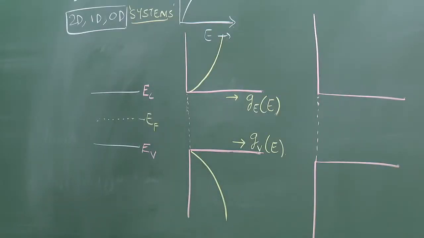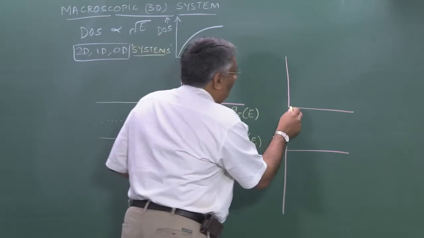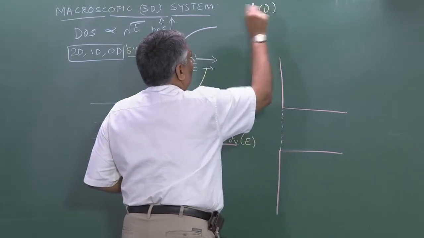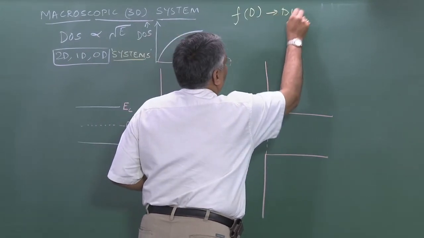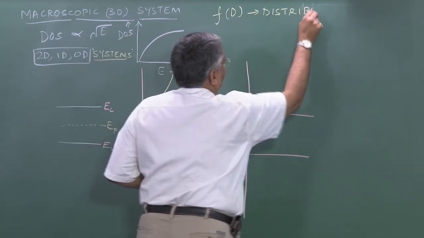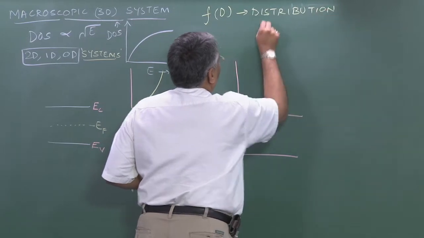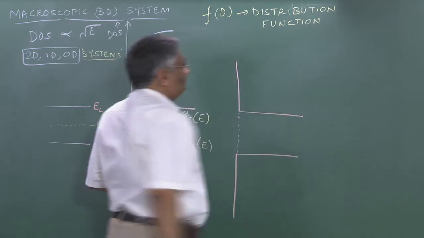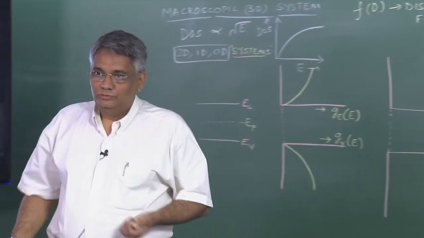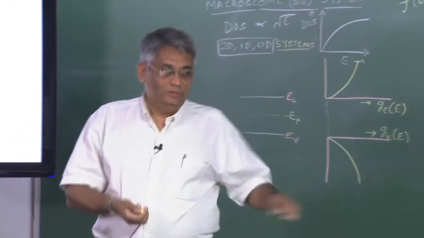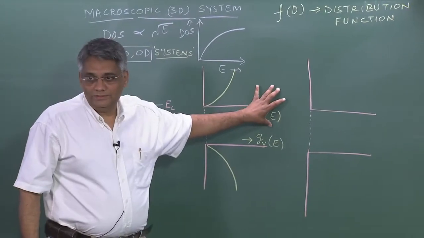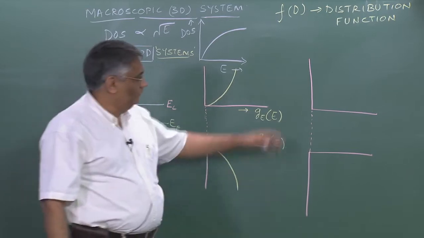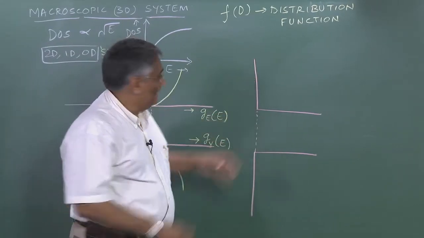we have seen the Fermi-Dirac distribution function. So you can also plot the occupational probability in both the cases, and you can also plot the carrier density.